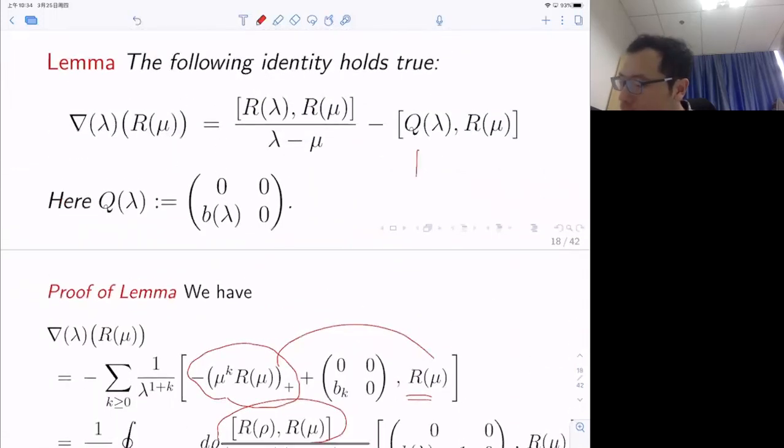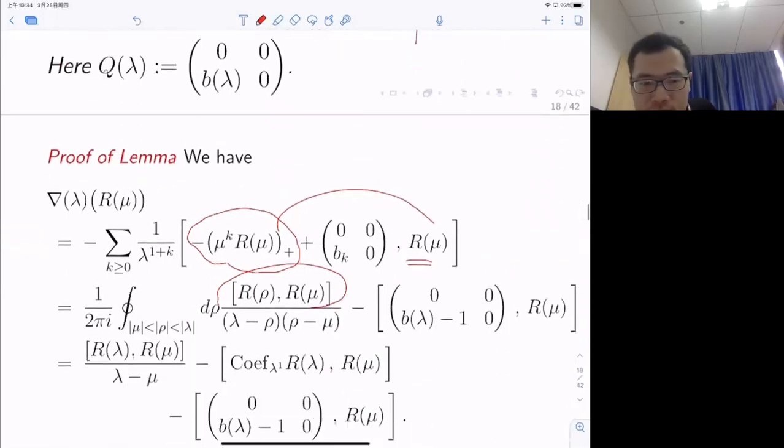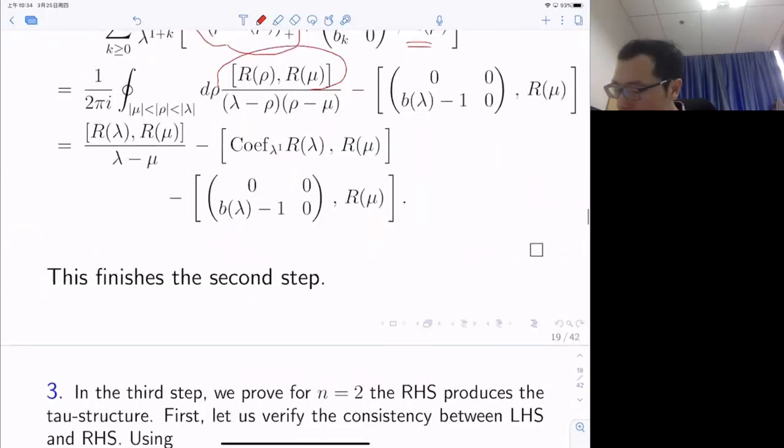These correction terms are very important. So this finishes the second step.